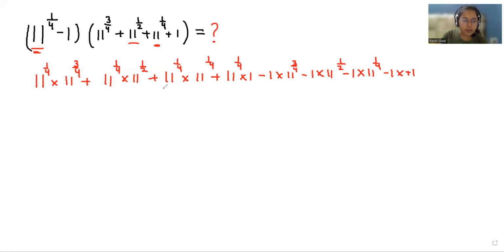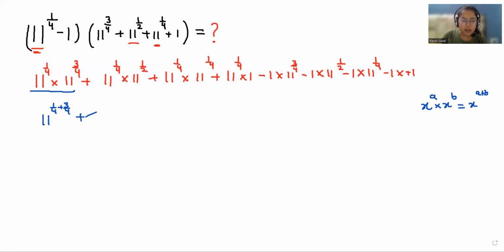Now we know the exponent rule, that is x^a multiply x^b is equal to x^(a+b). So we can apply this rule here. So 11^(1/4 + 3/4).